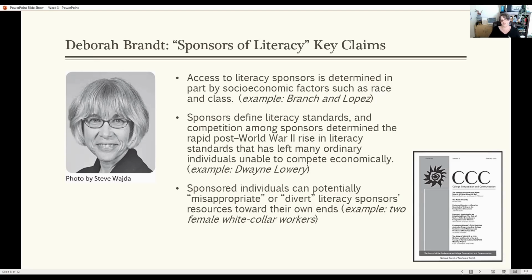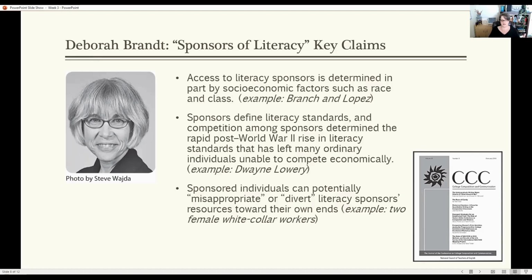Another claim is that sponsors define literacy standards, and competition among sponsors determines the rapid post-World War II rise in literacy standards. It has left many ordinary individuals unable to compete economically.